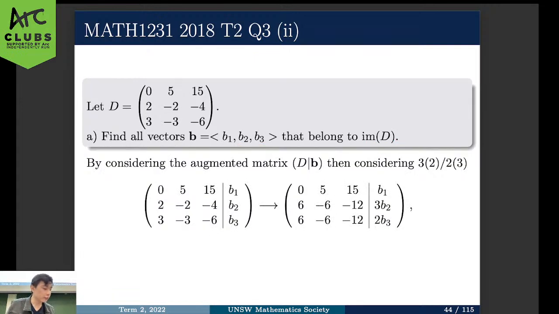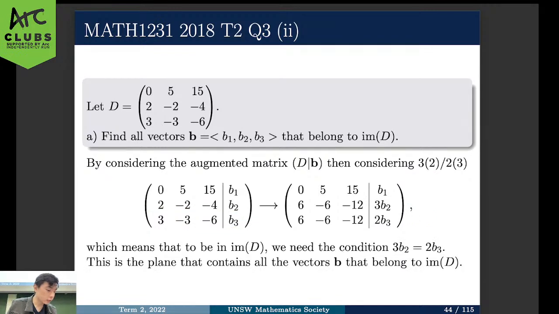So you solve it by letting the solution vector be B, and then we multiply these two, 3 by the second row and 2 by the third row, to see that we can actually have them be equal. And that gives us the condition that 3 times B2 is equal to 2 times B3. And this is the plane that contains every single vector B that belongs to the image of D.